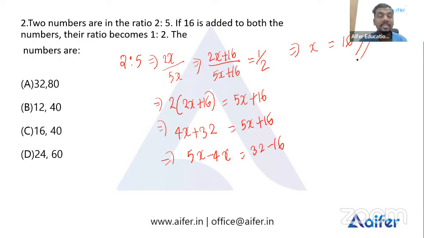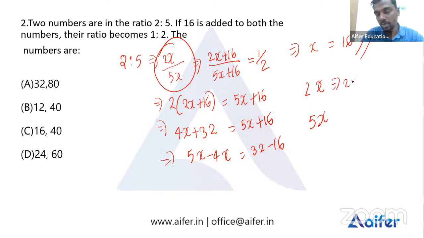So the question is, what are the numbers? The numbers are 2x and 5x. With x equal to 16, 2x is 2 into 16, which is equal to 32, and 5x is 5 into 16, which is equal to 80.